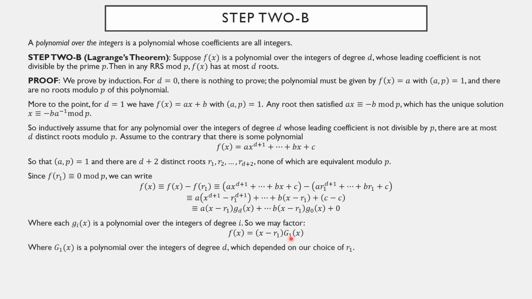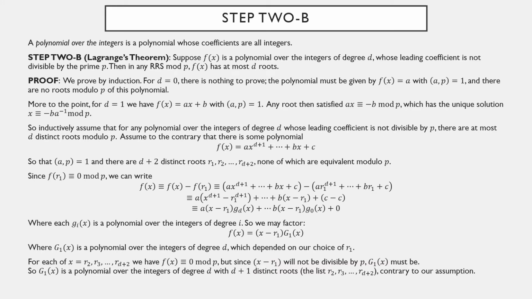This is a polynomial of degree d or smaller, because it was g sub d plus g sub d minus 1, this sum of all these different polynomial bits, times constants, and added together. But the biggest degree I see is d, so this can't have degree larger than d. So g1 of x is a polynomial over the integers of degree at most d.